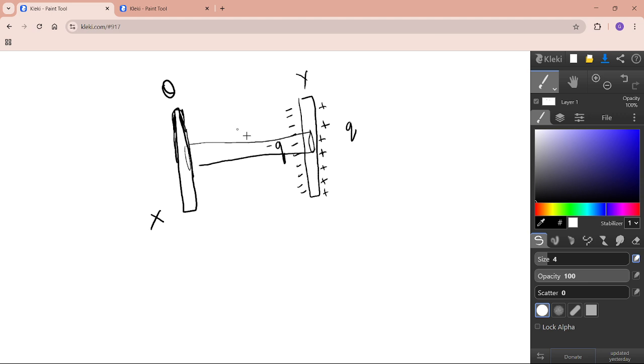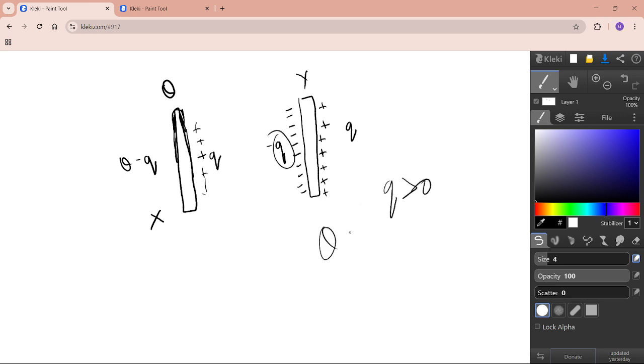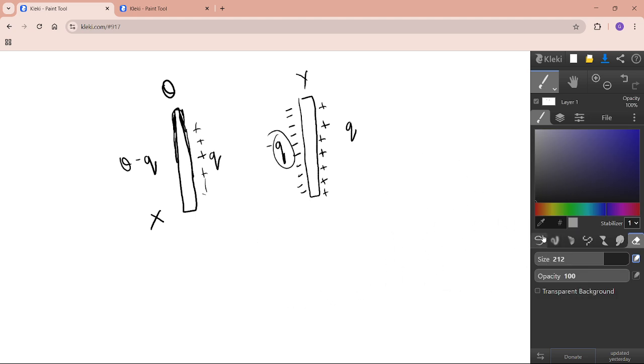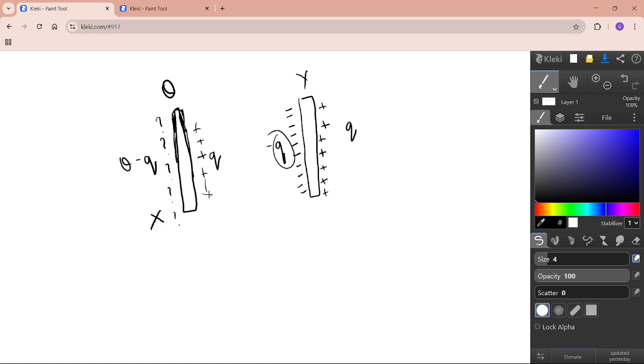The charge inside is 0, that means this is minus Q and this is plus Q. Now, we do not know if Q is greater than 0 or less than 0; I've just assumed it for simplicity. We do not know if it's positive or negative. Let's add question marks.